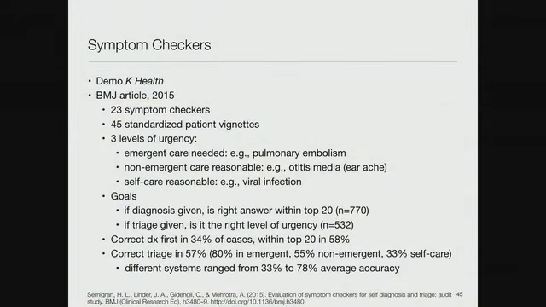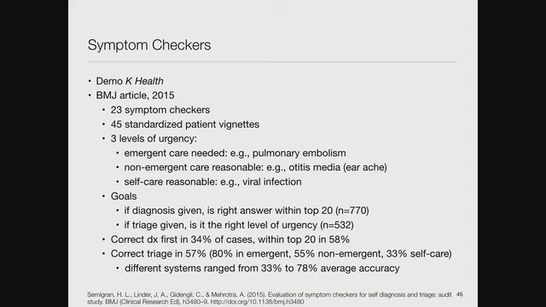So the British Medical Journal did a test of a bunch of symptom checkers, 23 symptom checkers like this, about 4 years ago. On 45 standardized patient vignettes, they asked whether it can find at least the right level of urgency to recommend whether you should go to the emergency room, get other kinds of care, or just take care of yourself.